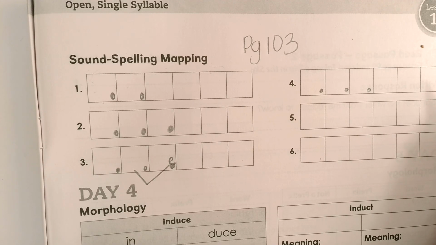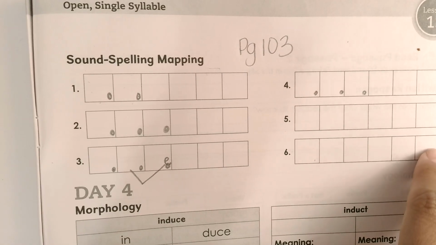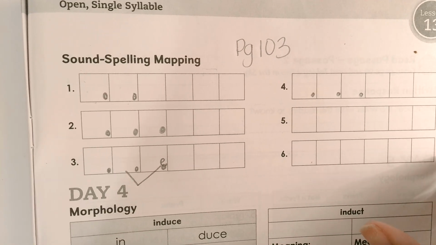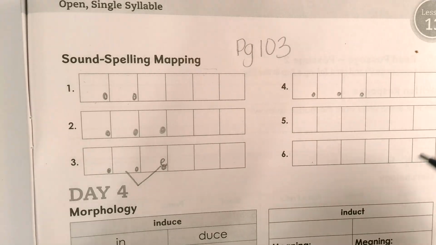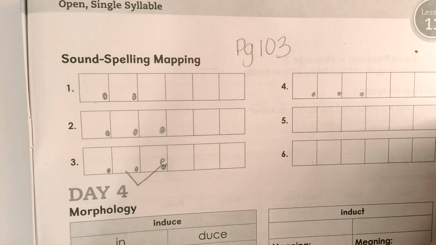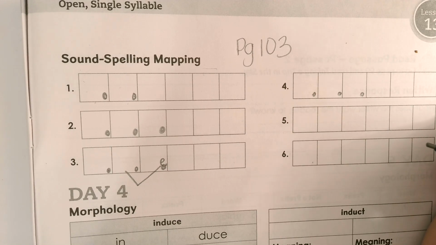Now, this next word, I just want you to keep in mind that sometimes the ED sound, the ED as in it already happened, that suffix ED, sometimes sounds like a T after an unvoiced sound.